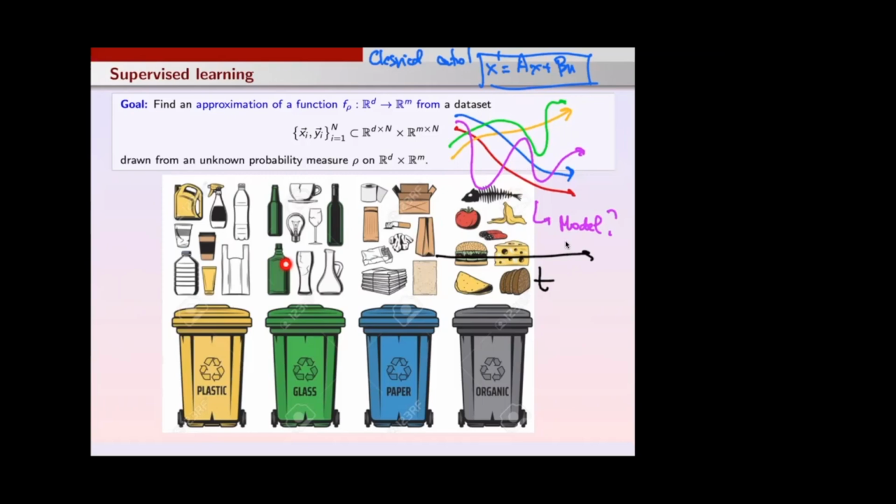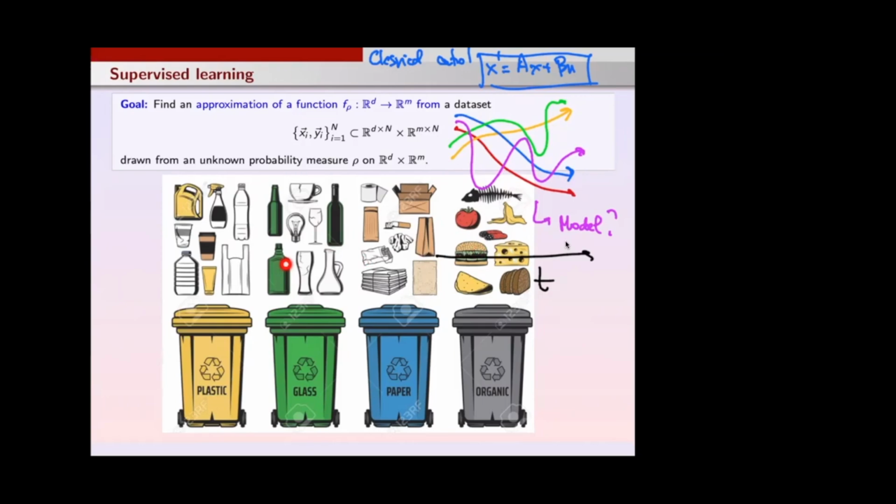But now the question is, can I build dynamical systems that develop dynamics which are completely artificial, like classifying items according to the materials they are constituted of?